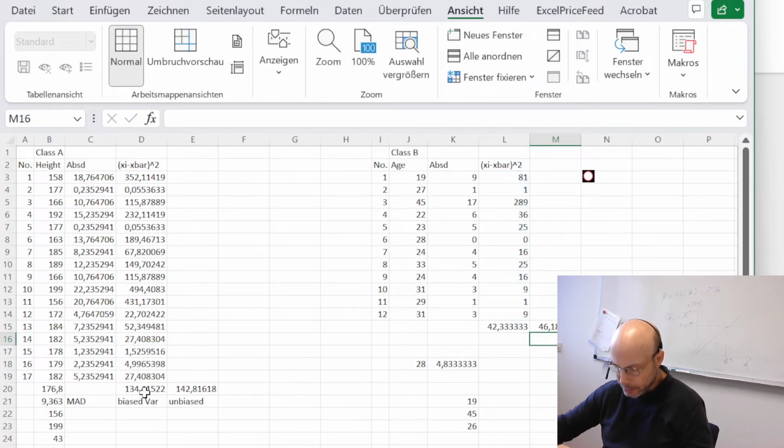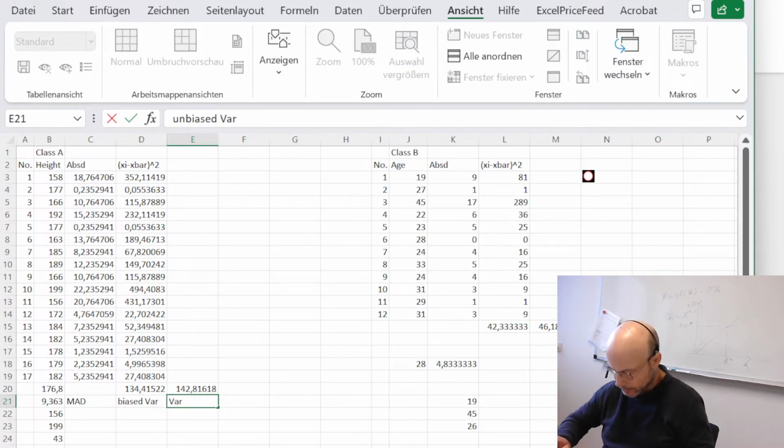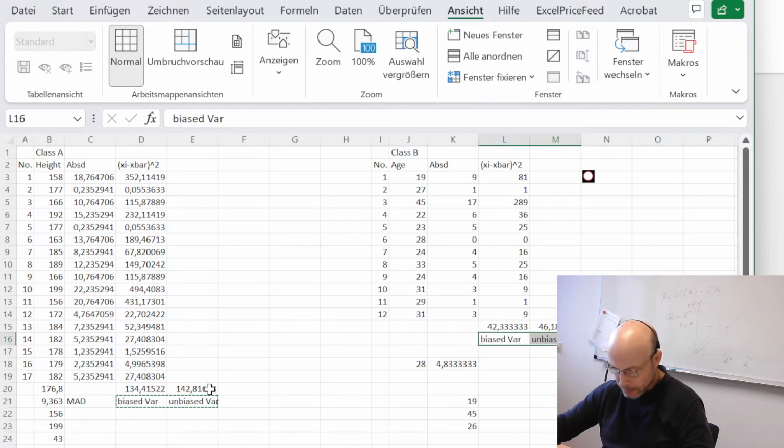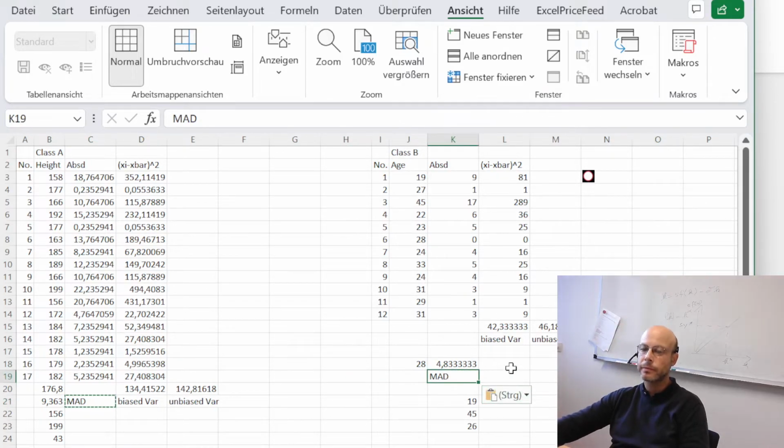Should be a bit larger also. Okay. This is the unbiased variance and the biased variance. And this was the mean absolute deviation.